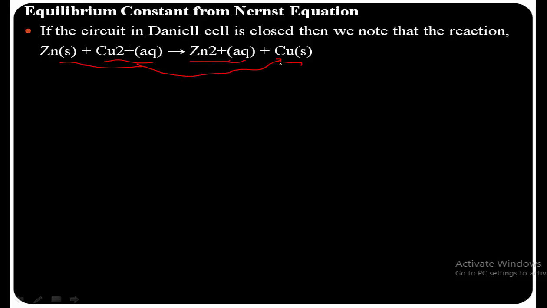So this is the reaction which takes place, and if the circuit is closed, it will run continuously for a period of time, but after that it reaches equilibrium, meaning there is no loss or gain of electrons after reaching a certain time.